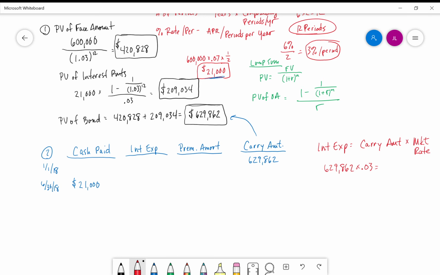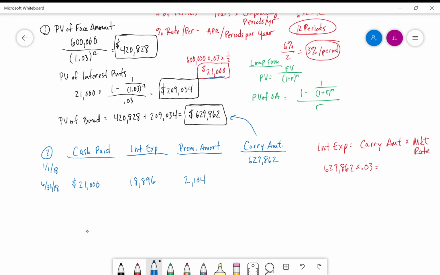Let's do some quick calculations here. 629,862 times 0.03 is 18,896. That's our interest expense. So we have 18,896. Okay? The premium amortization amount is just the difference between these two. So that's $2,104, I hope.